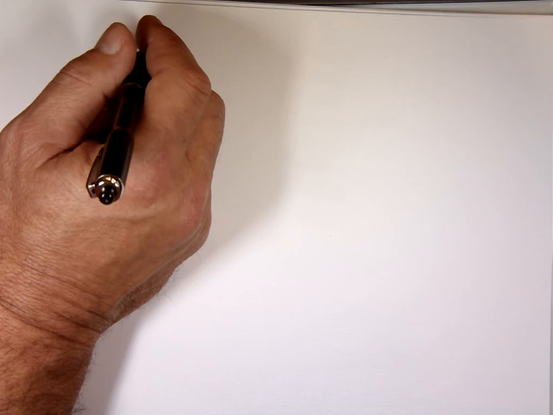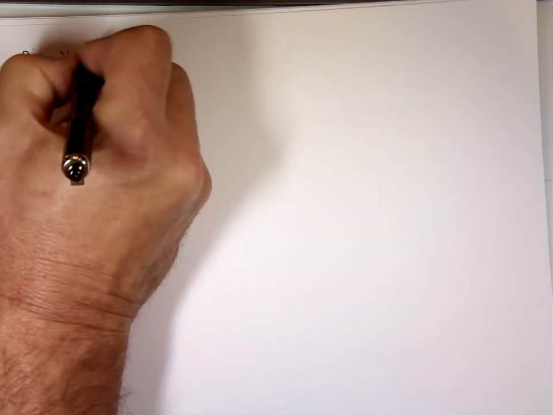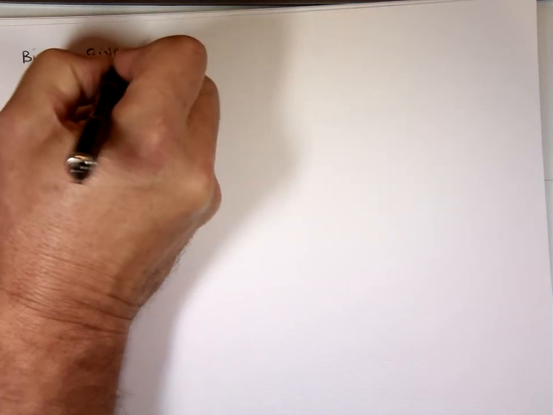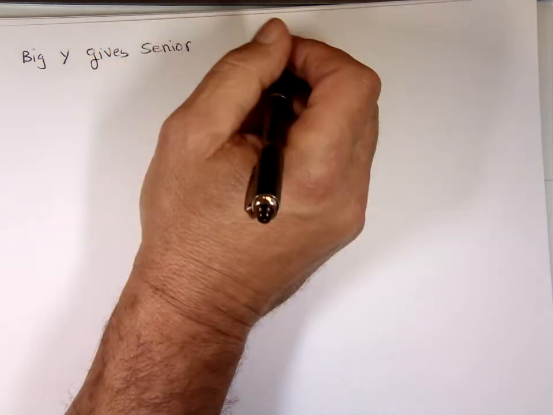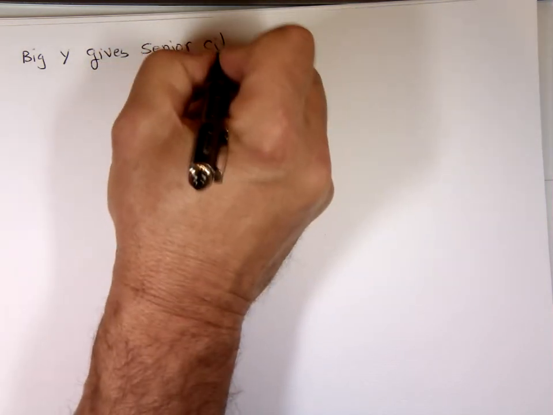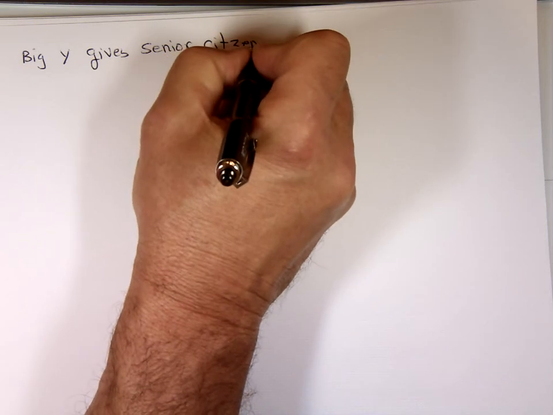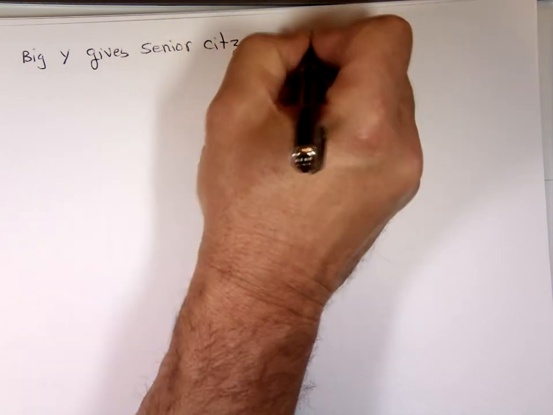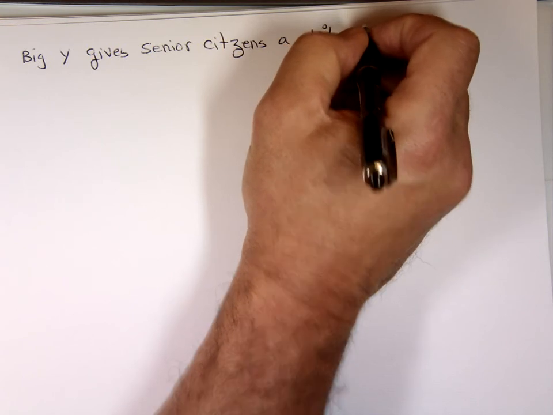Big Y, that's a grocery store by us, gives seniors, anyone 60 or over, that's how they define senior citizens there, a 10% discount. That's on the entire bill.